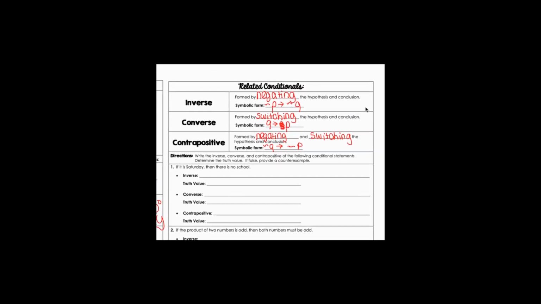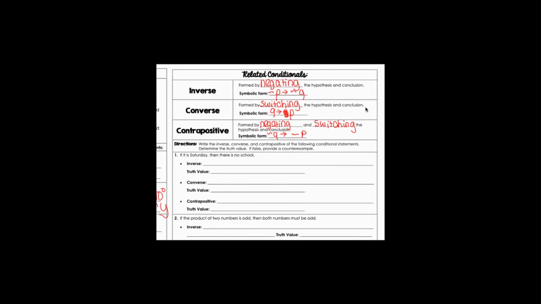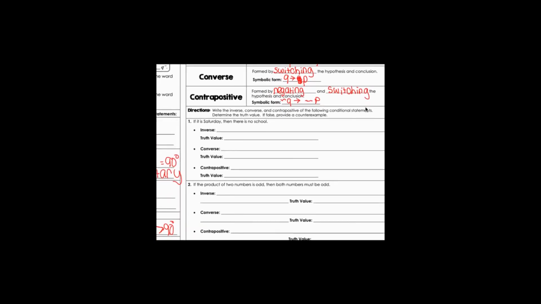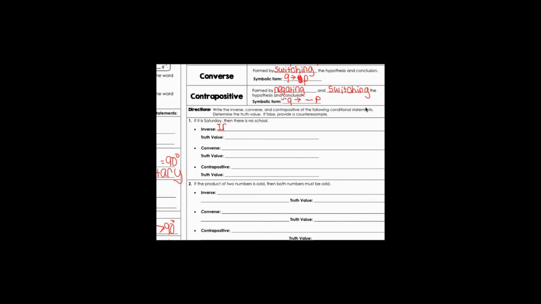So an example here. If it is Saturday, then there is no school. So for the inverse, if you look back at that, you're just negating the hypothesis and conclusion. You're not changing the order. So it would be if it is not Saturday, then, so instead of there is no school, since we have to do the opposite, the opposite of that is there is school.